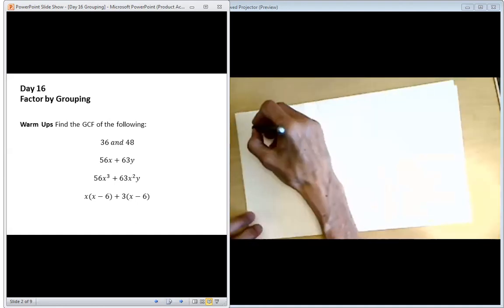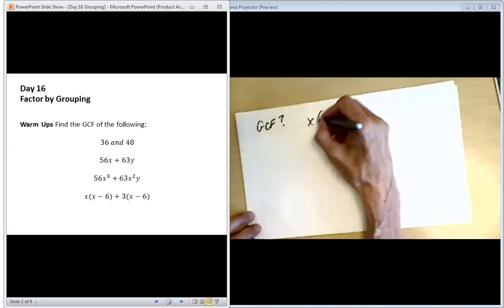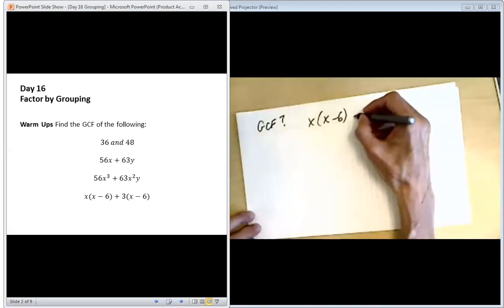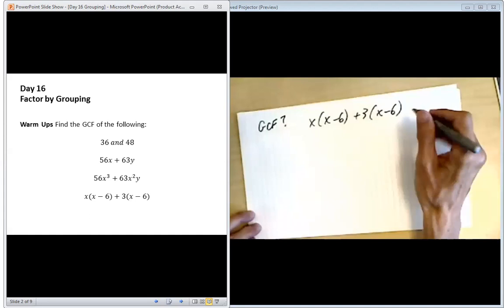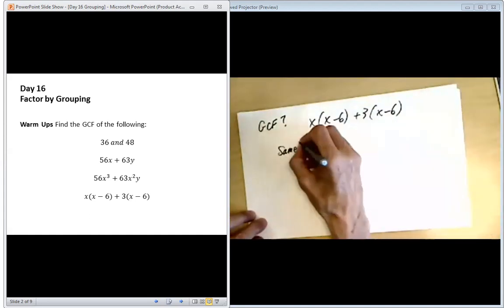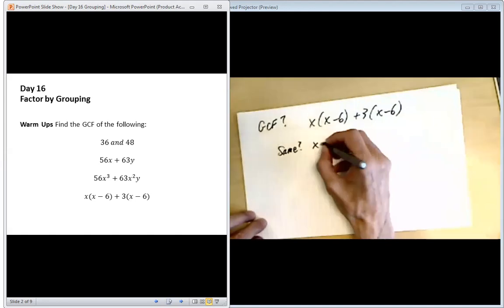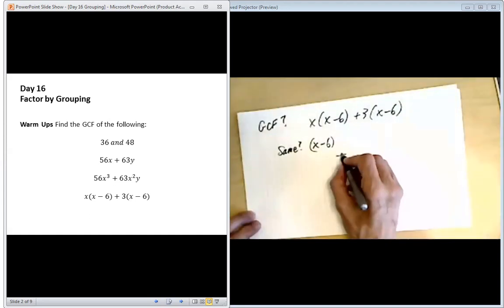So what's the GCF of this thing? x and x minus 6 plus 3 and x minus 6, right? So what's the same in both? x minus 6 with the brackets, right? That's going to matter. Okay, so it's good. So the work now will look like this.